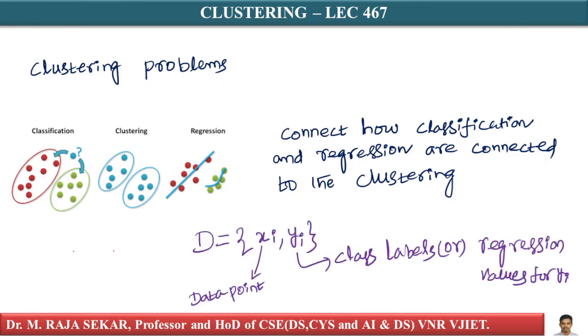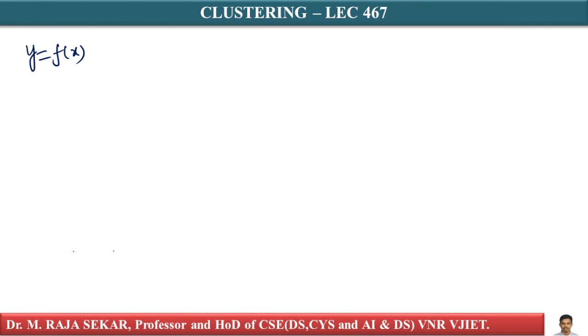Given a dataset capital T equal to xi comma yi. What is my xi? Given data point. Yi is the class label or regression value, isn't it? Your yi belongs to 0 comma 1, that is two-class classification. 0 is one label and 1 is another label, because you are trying to find a function where, given x, you find y equal to f of x.